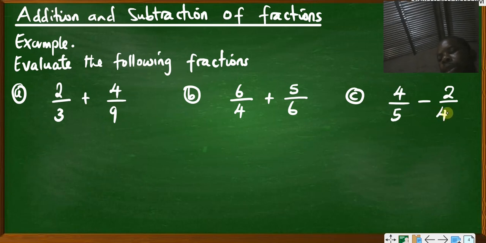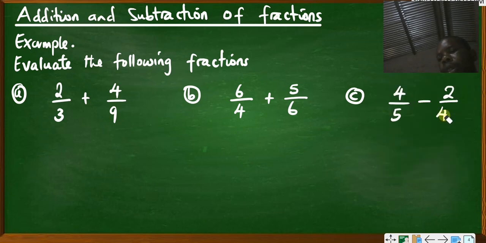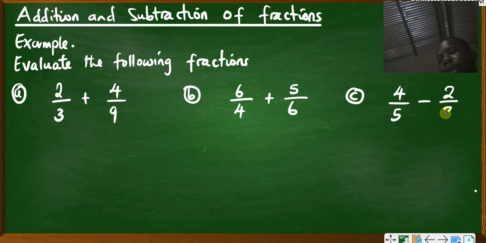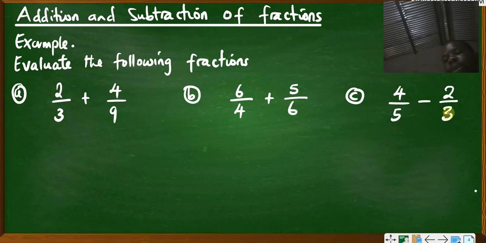Cool. Let me just write it straight. Two over 4 here, or 3. Let me put 3 here. Very good. So now what we are going to do is to evaluate the following fractions.